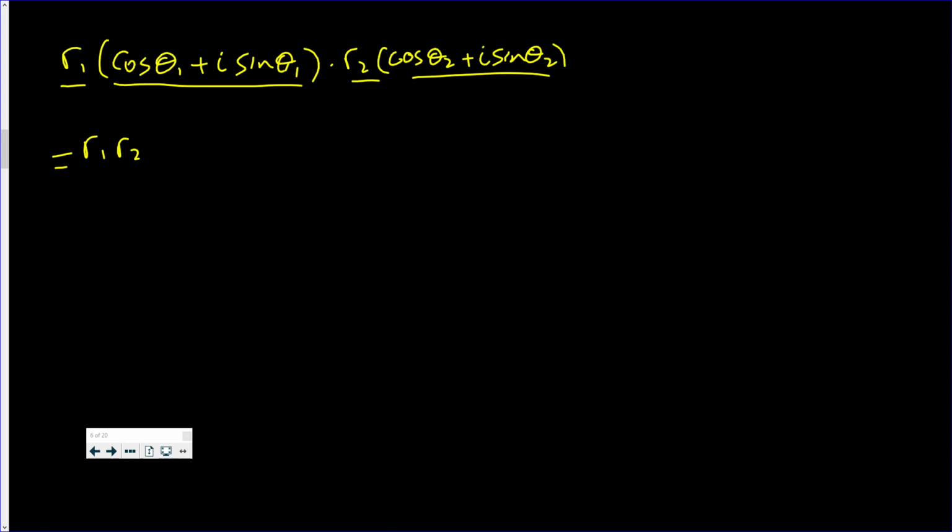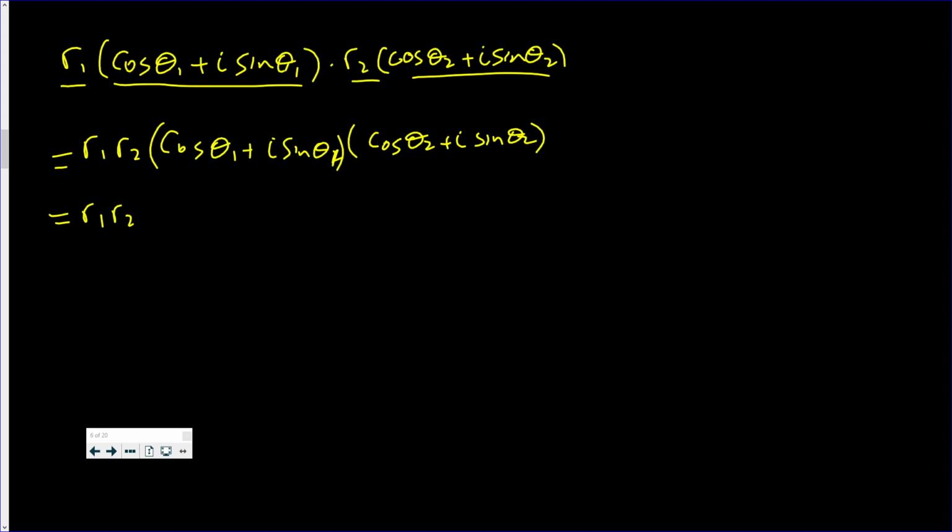And then multiply the other two, cosine theta 2 plus i sine theta 2. So this is r1 r2.